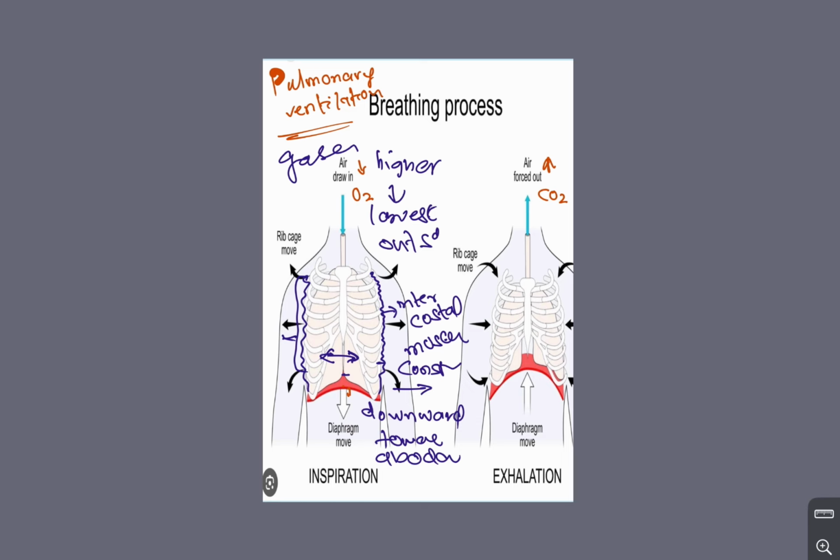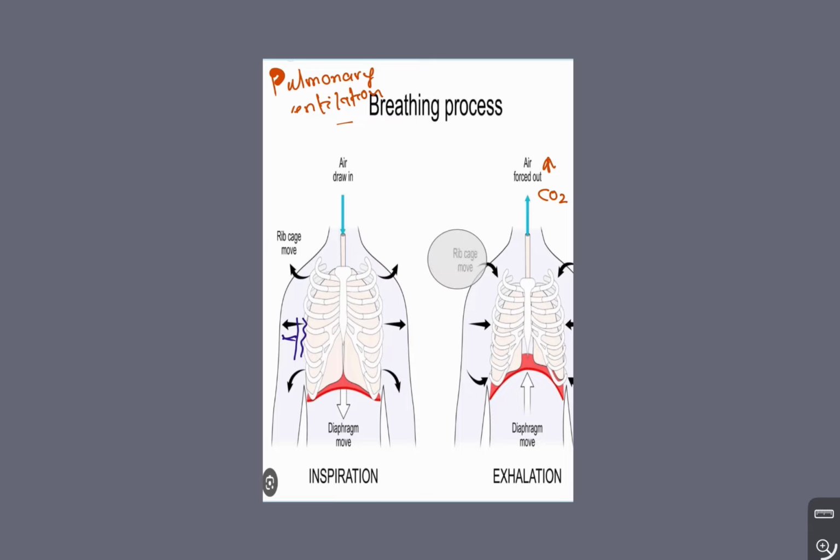Okay, so what happened in the case of exhalation? Understand what happened in the case of exhalation. Exhalation is actually the reverse of inhalation. So what happened during the inhalation?